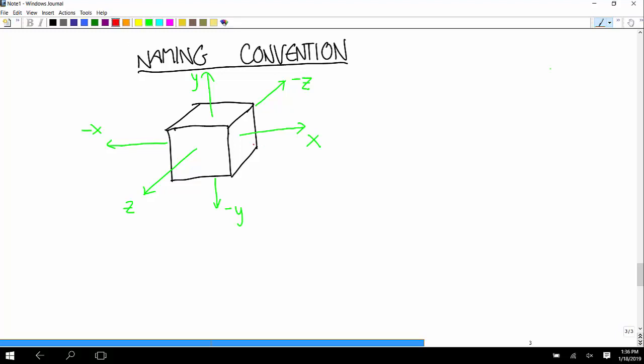And that means that this is the positive x face, this cube. This is the positive y face. This is the positive z face. And then the faces that are obscured are the negatives. Okay, so there's a negative x face around this corner, a negative y face under there, and a negative z face all the way in the back.